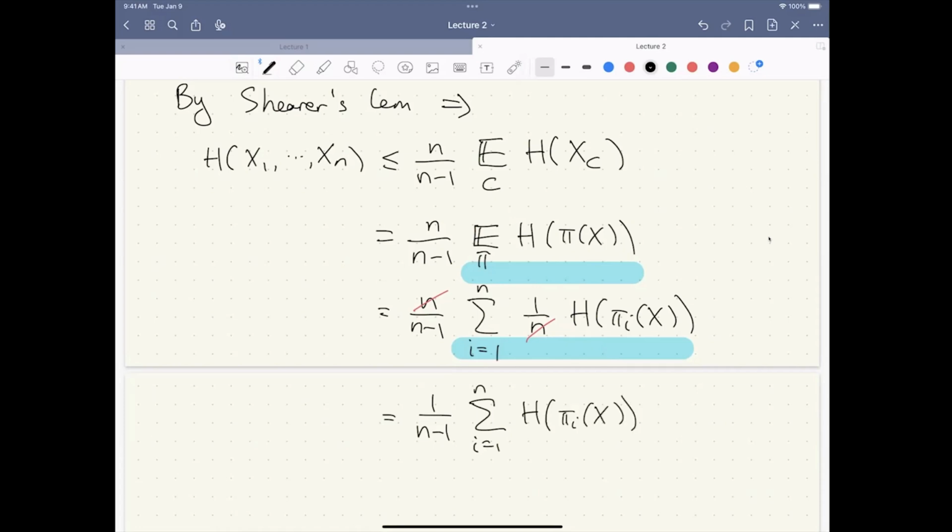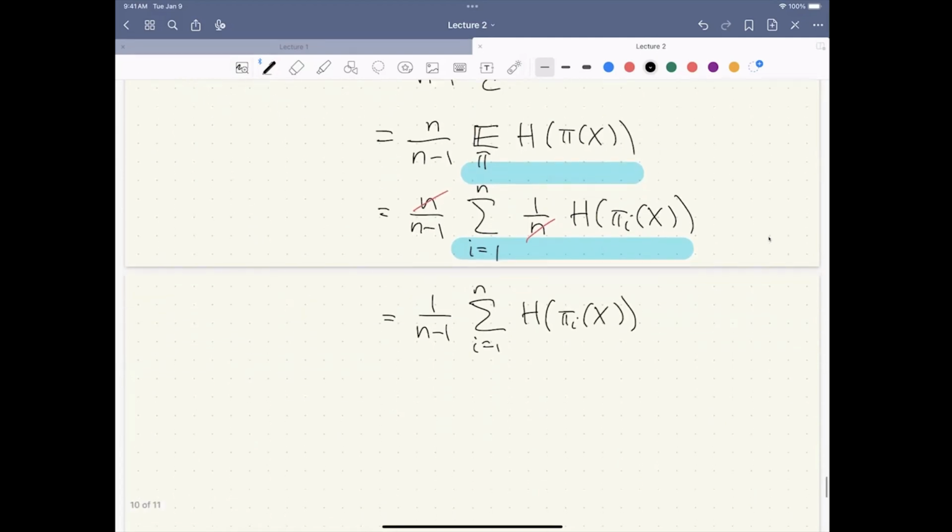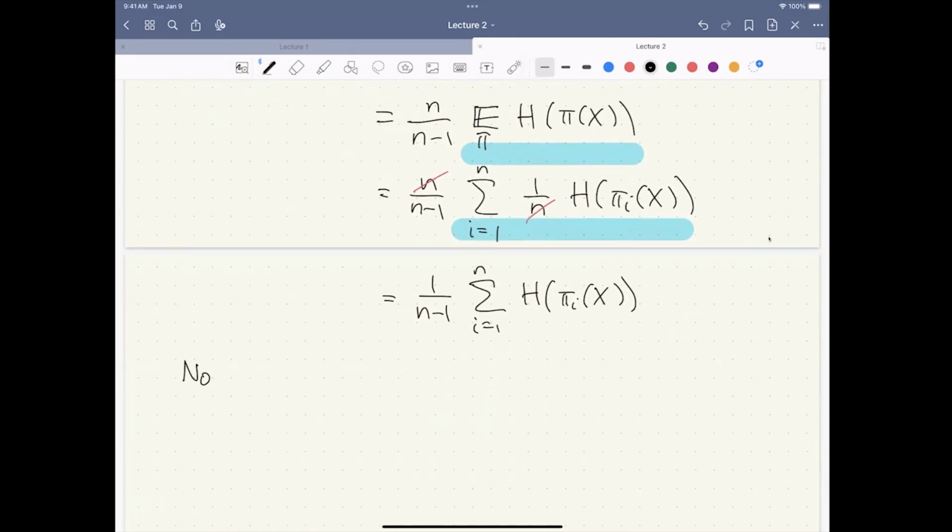But what is pi I x? Well, at the end, note that pi I x takes values in pi I of K, right? X is a uniform random point in K, and pi I is the projection to the ith direction.